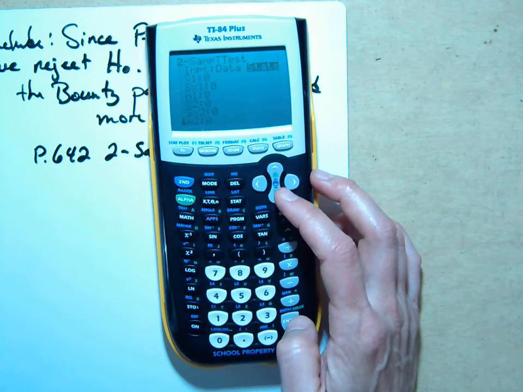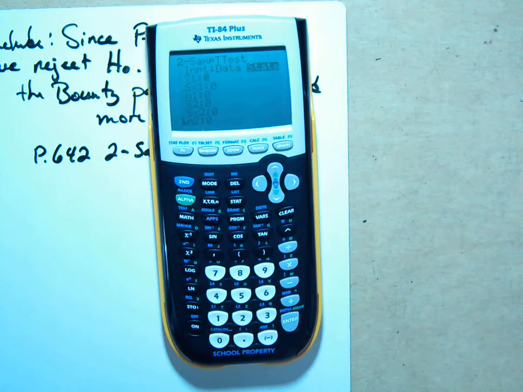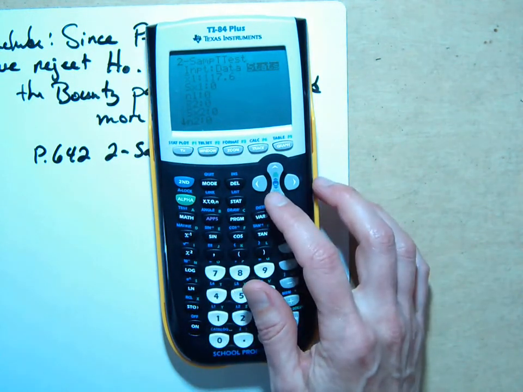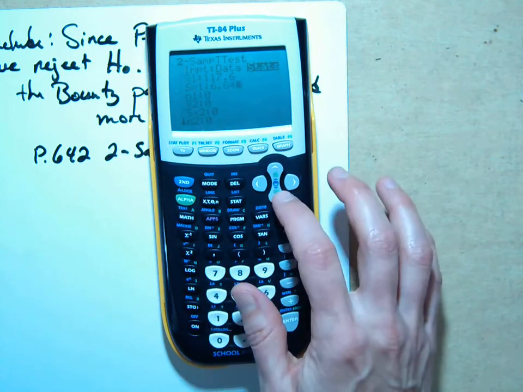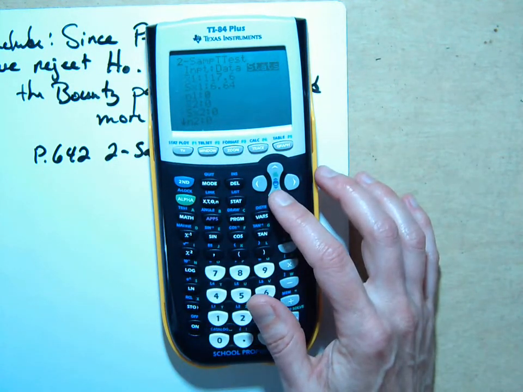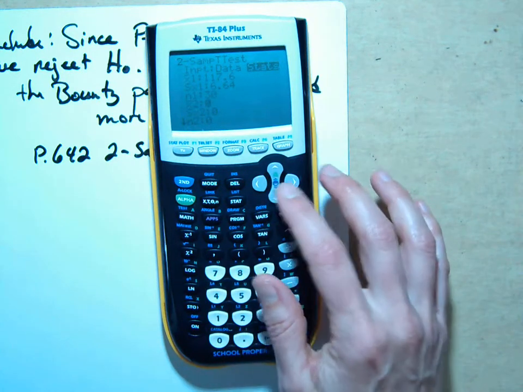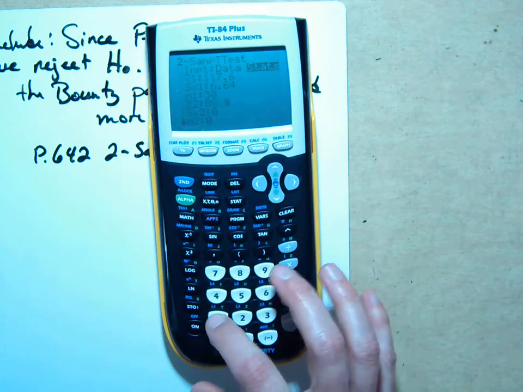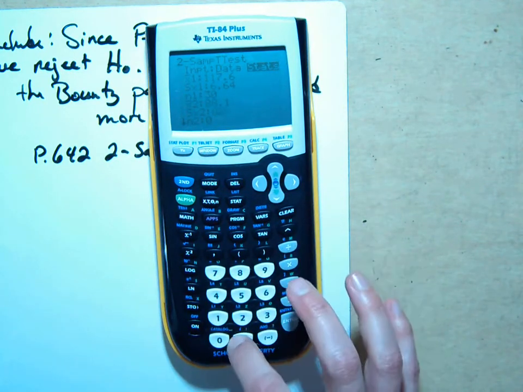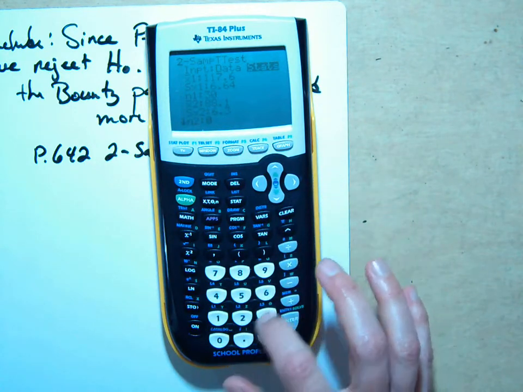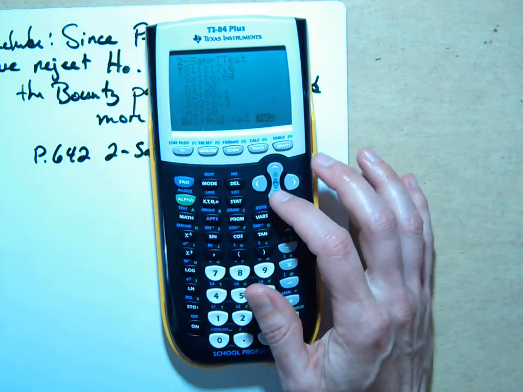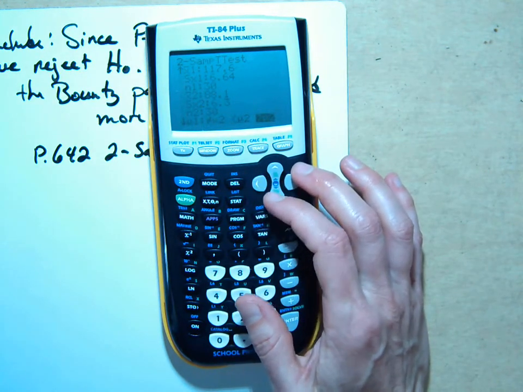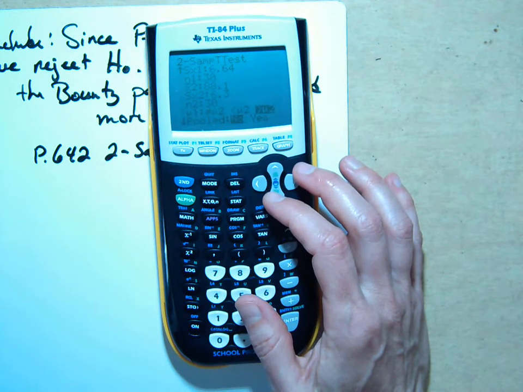Enter, and then the mean for the Bounty towels is 117.6. The standard deviation is 6.64. The number in the sample was 30, and then for the generic, the mean of the samples was 88.1. Standard deviation 6.3. Number in the sample 30. You're going to use greater than, because you want greater than 0. And pooled is always going to be no for means.